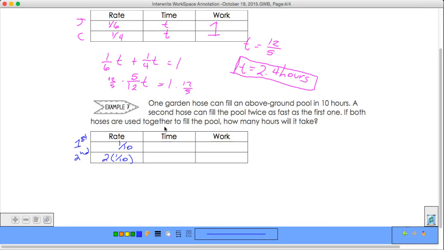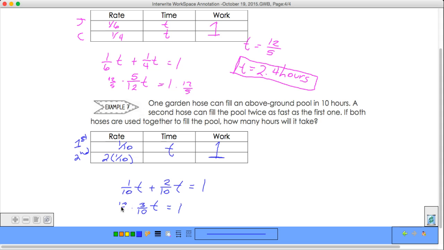And if both hoses were used together to fill a pool, so they're filling one pool, how long will it take? They're working for the same amount of time. So we have 1/10 t plus, you can just leave this 2/10 t. It'll actually make it a little nicer for us, because then I know that that is 3/10 t equals 1.